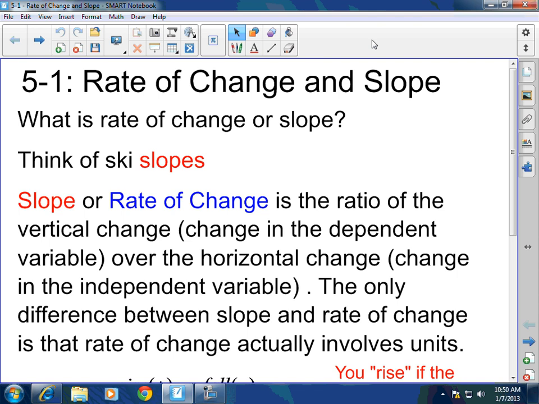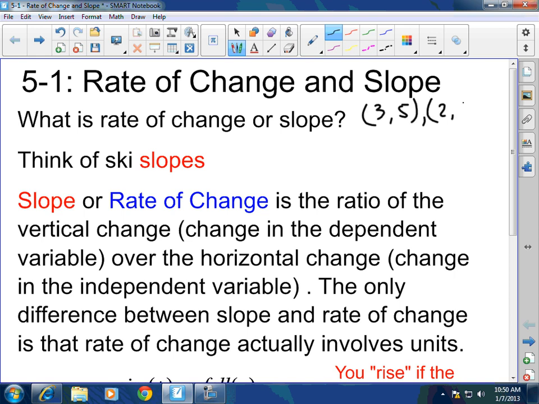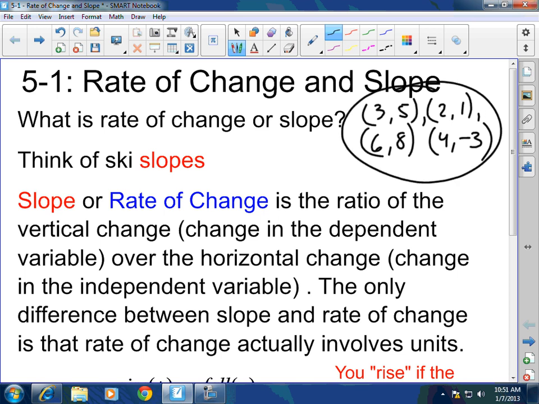For example, (3, 5), (2, 1), (6, 8), (4, -3). That's a relation, any set of ordered pairs. If I only have one y for any given x, then that is a function. In this case, this would be a function because I do not have repeating y's for the same x.